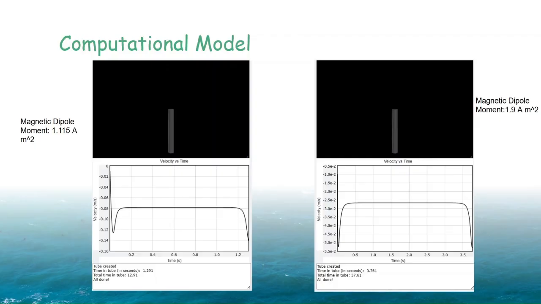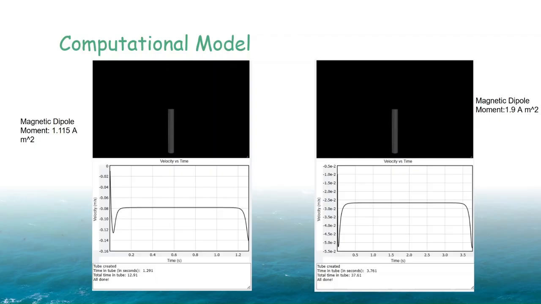So as you can see, from a dipole moment of 1.115 amp meters squared, the time was 12.91 seconds, which was close to the experimental data of 12.95 seconds. And the magnetic dipole moment of 1.9 amp meters squared, which was calculated from the previous lab, gave a total time to exit the tube of 37.61 seconds, which was very far off from the experimental data that we collected.